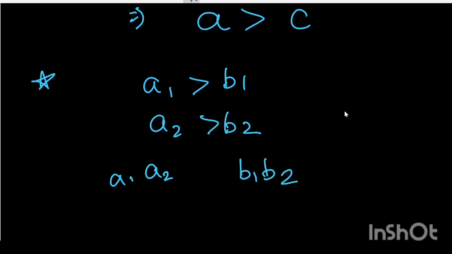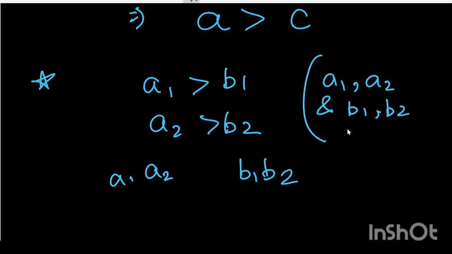So guys, there can be so many cases, that A1 is positive, B1 is negative, A2 is negative, B2 is negative, and so on. We will take the case when A1, A2, B1, B2 all are positive.